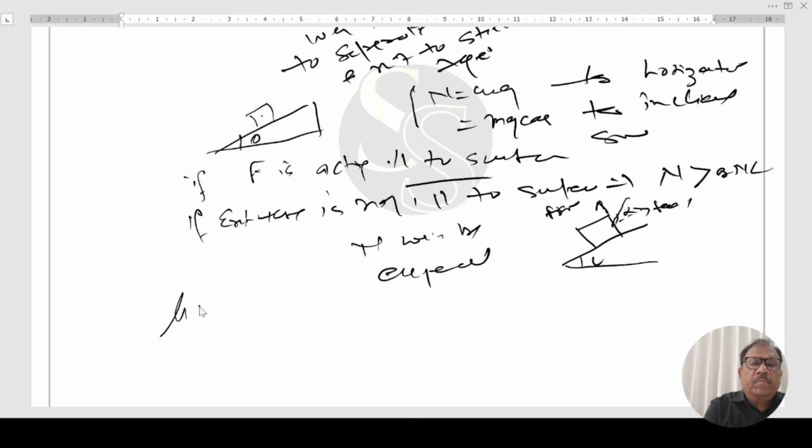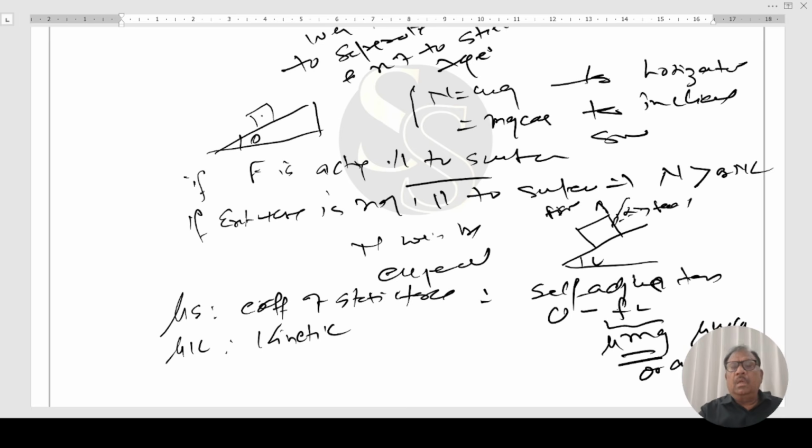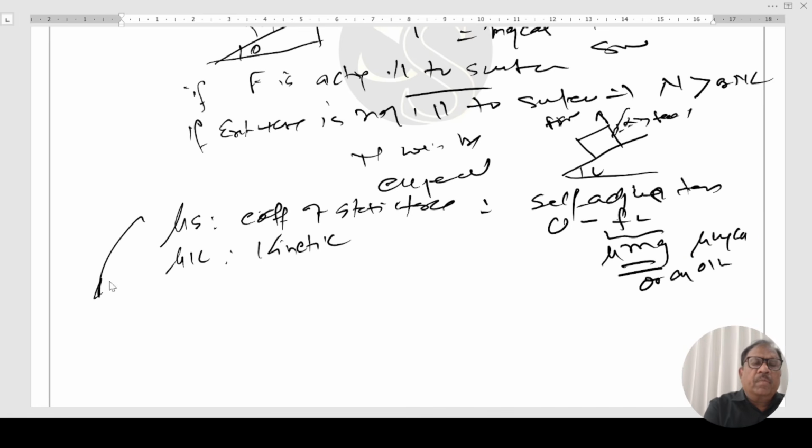What is mu s? What is mu k? Coefficient of static friction, and this is the kinetic. Now this is the self-adjusting force, varying from 0 to FL. FL equals mu mg, it could be mu mg cos theta, or any other expression. This comes into the picture when the body is about to move.